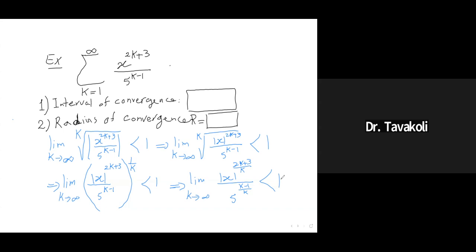So when k tends to infinity, you know how to deal with these limits. 2k plus 3 over k: what is the limit of that when k tends to infinity? You have seen this in sequences, and in general these kinds of limits you have seen in Calc 1. The limit of 2k plus 3 over k when k tends to infinity is equal to 2.